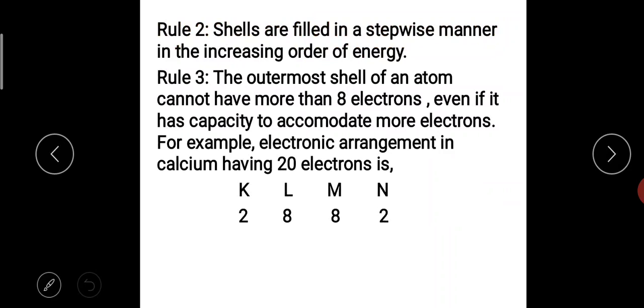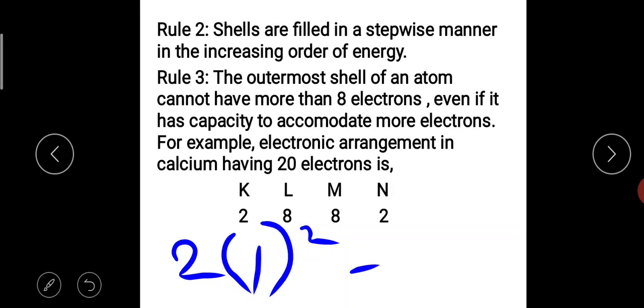Now let us calculate for the K shell. K is 1, L shell is 2, M shell is 3, N shell is 4. That is what we saw. Now we are going to find 2n square for the K shell: 2 into 1 square, which is 2 into 1, equal to 2.